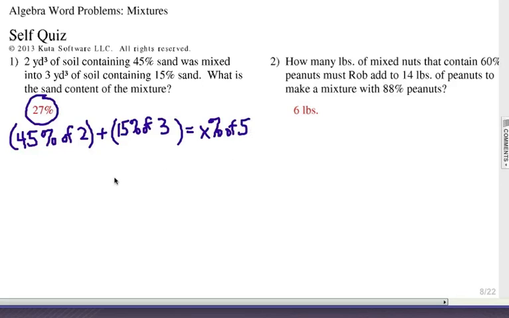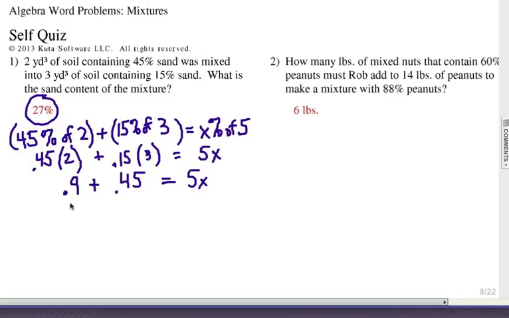All right, so we're going to make an equation out of this, which means 0.45 times 2. We're going to add that to 0.15 times 3, and that's going to give us 5x. 0.9 plus 0.45 equals 5x.